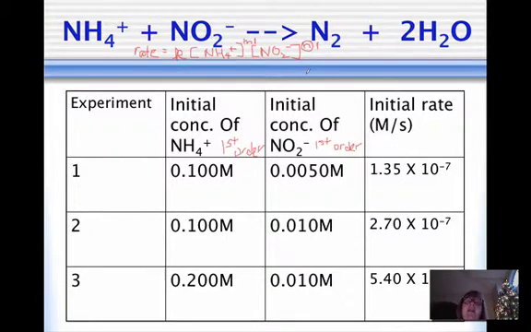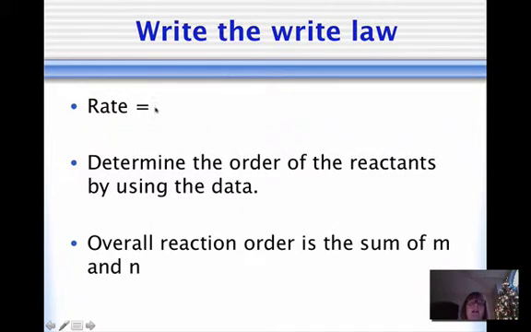And the language sounds something like this. This reaction is first order with respect to ammonium, and it's first order with respect to nitrite. All right, so let's write that rate law. So here we go. The rate is equal to k times the concentration of ammonium raised to the first power times the concentration of nitrite raised to the first power.